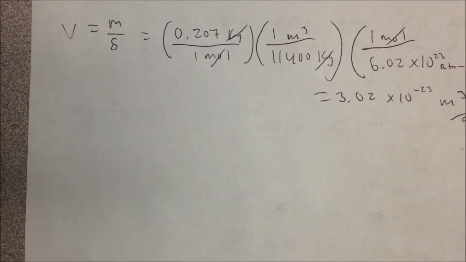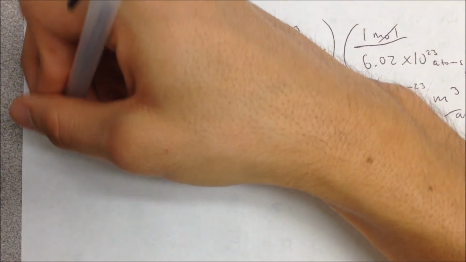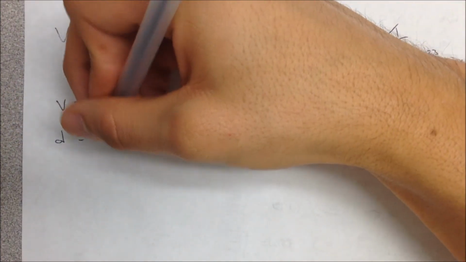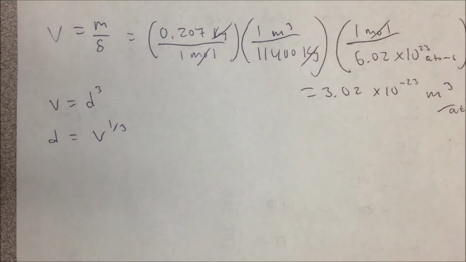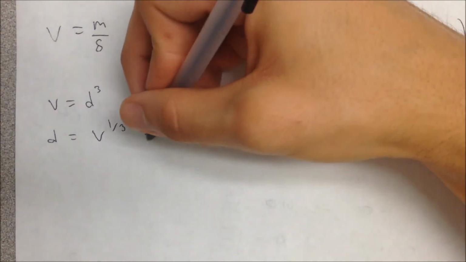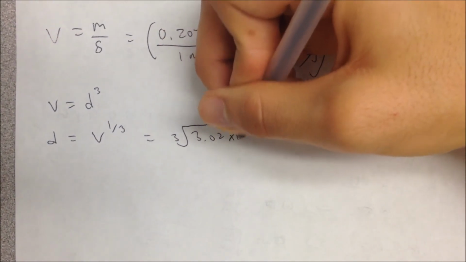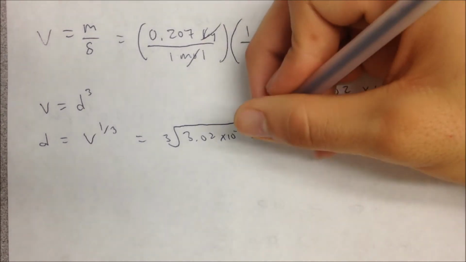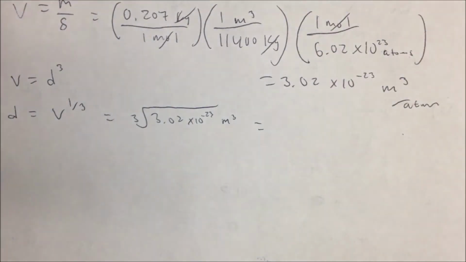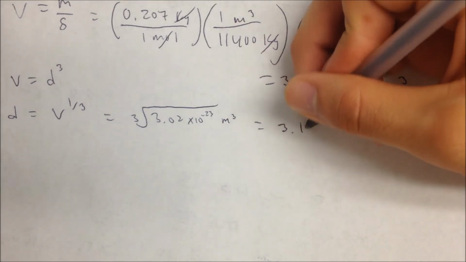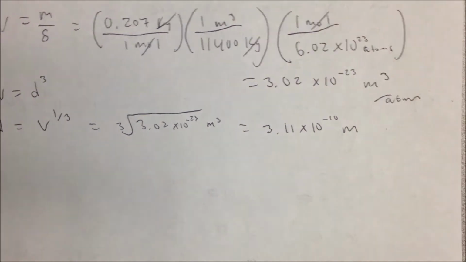Now, as we stated earlier, the volume equals d cubed, and d equals volume to the 1/3. So that means that for lead, d equals the cubic root of 3.02 times 10 to the negative 23rd meters cubed, which would give us 3.11 times 10 to the negative 10 meters.